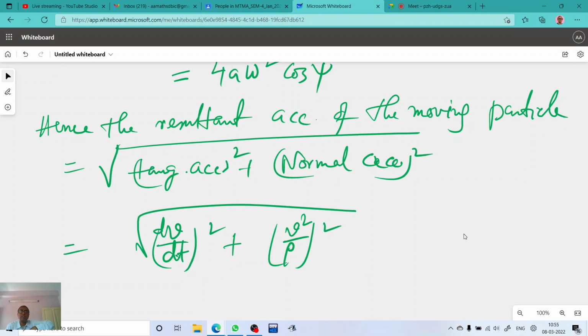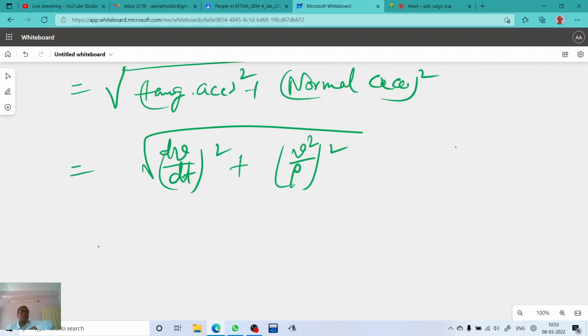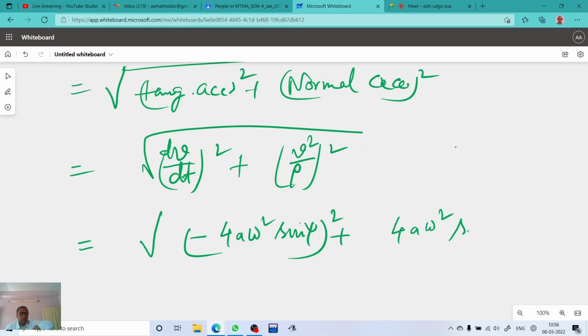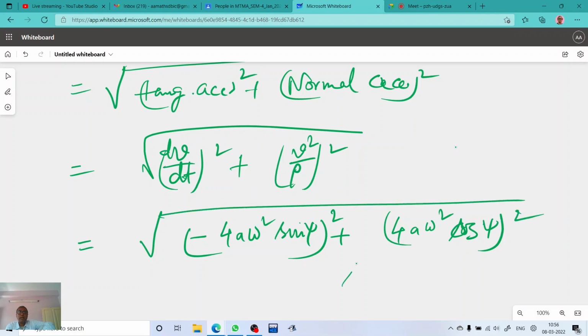And by 4 and 6, put the value of dv dt: whole root over of minus 4a omega square sine psi whole square plus 4a omega square cos psi whole square, whole root over.